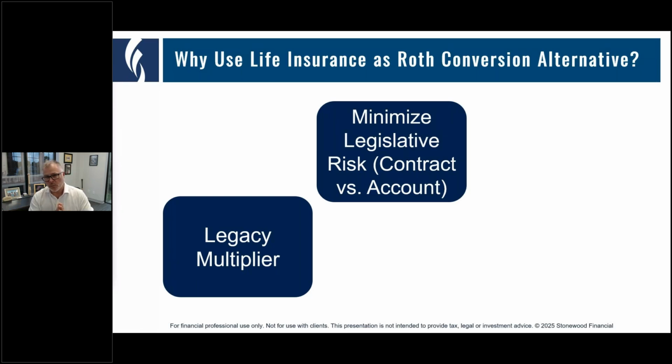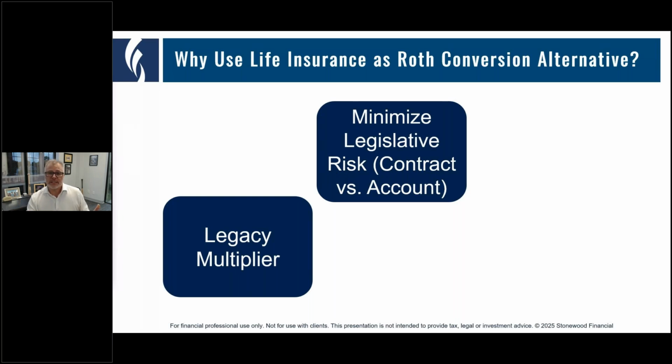Also, here at Stonewood, we spend a lot of time talking about legislative risk. And if you've been to Innovate or seen one of our online trainings, you know that we like to differentiate between a contract and an account, right? If we have money in an IRA, just like when they changed the rules on stretch IRAs, you're subject to those new rules.